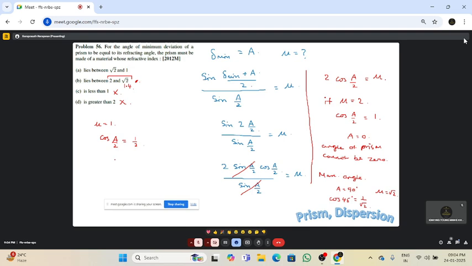So A by 2 should be equal to 60 degree. So A should be equal to 120 degree.